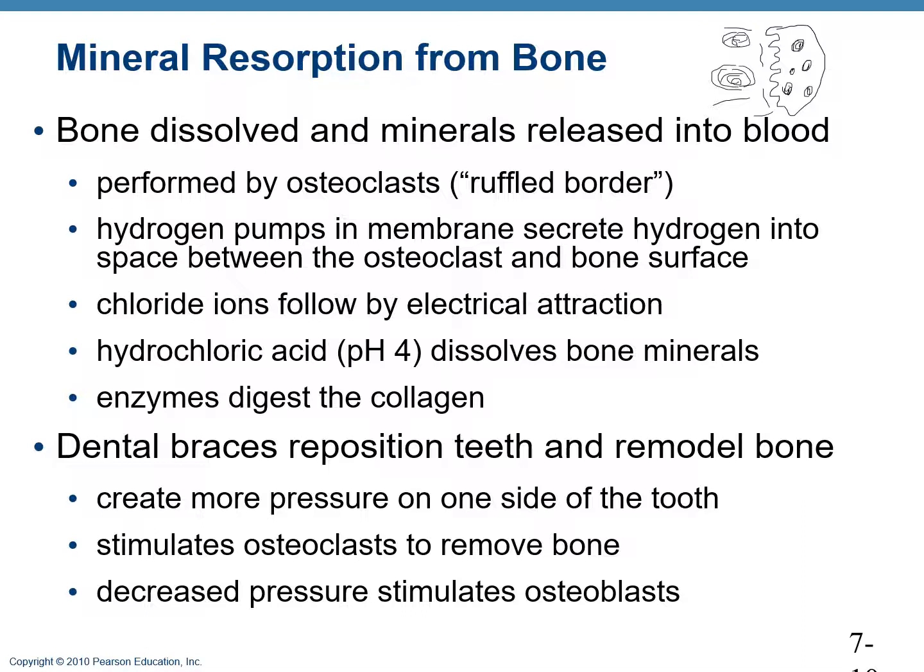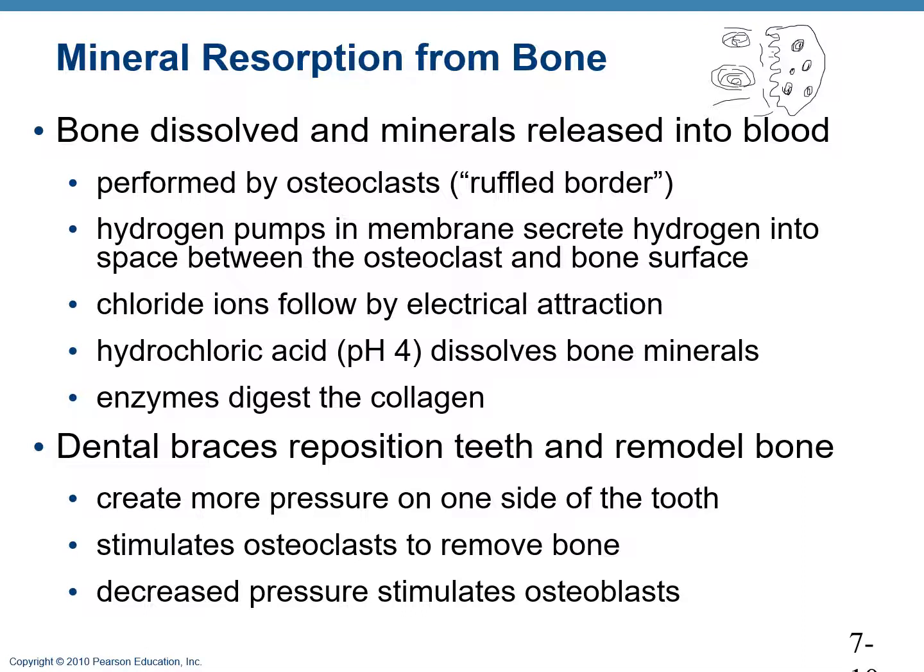And now how this occurs, there are actually hydrogen pumps within the plasma membrane of these cells that are going to pump out hydrogen into the space between the osteoclast and the bone surface. So basically this space in the margins between the osteoclast and this bone that will be resorbed, those hydrogen ions are pumped out into that area.